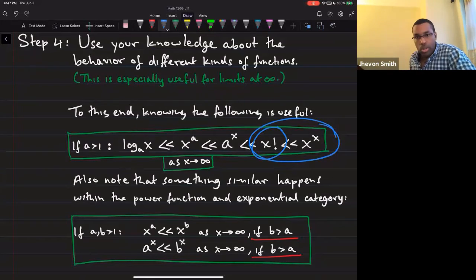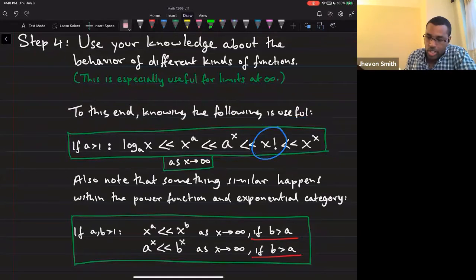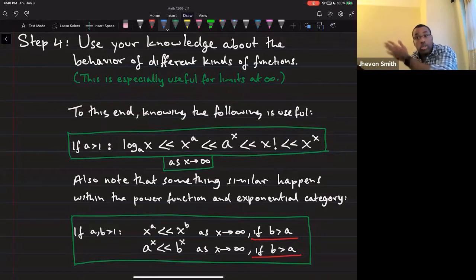That guy also grows huge, and it's bigger than all the other functions we've spoken about. x factorial we're definitely not going to see, but x to the x we will be seeing in this class. Just know that if it shows up in a limit, it's going to be bigger than any other function you'll come up against as x goes off to infinity.